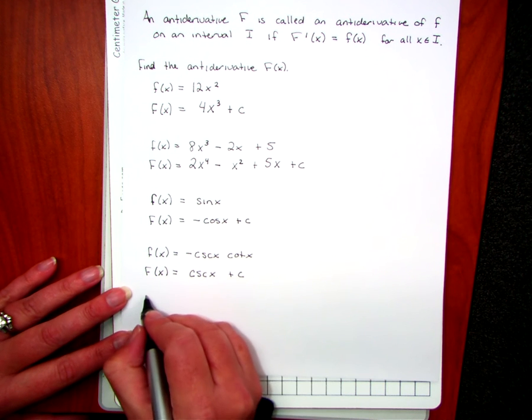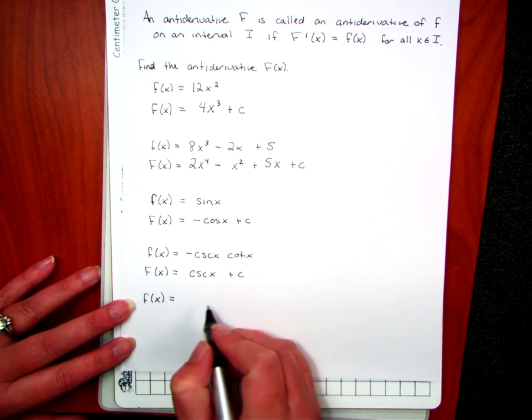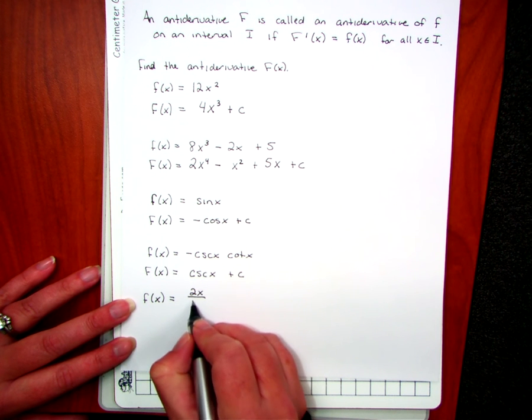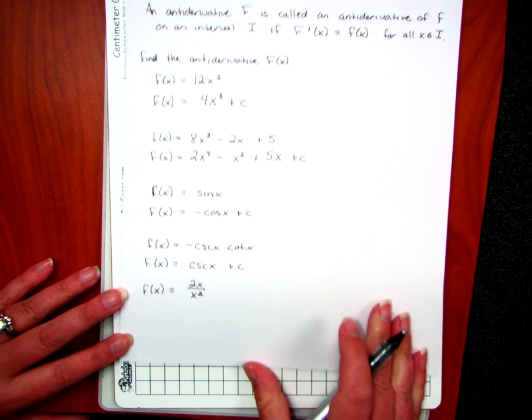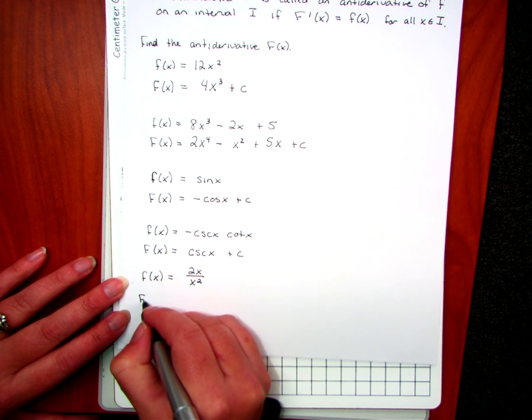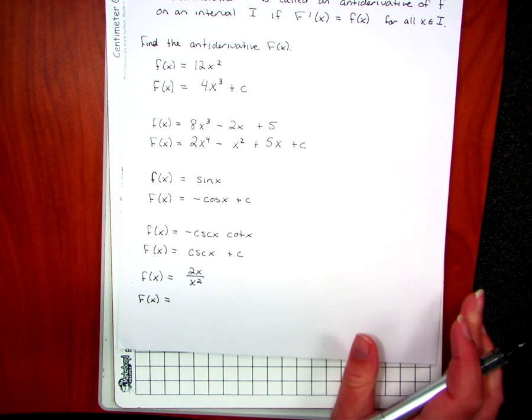So another function that we can find the general antiderivative of is this function. We're not going to undo the quotient rule here. Undoing the quotient rule will require partial fractions.